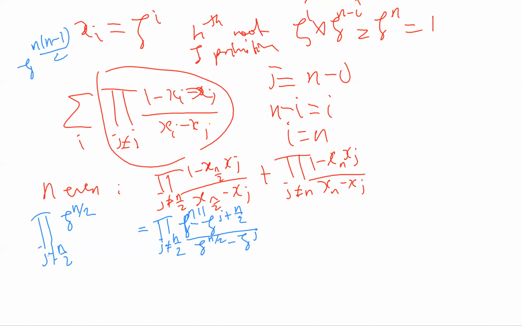Did I do something wrong? Psi of n on 2 seems like a perfect candidate to factor out.